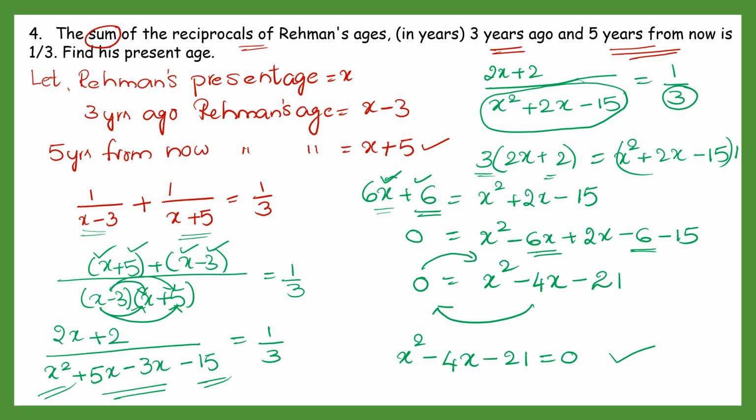This is a quadratic equation, so we will get 2 roots. Then you will find x. They are asking to find the present age of Rehman. The present age is x, so we need to find the value of x. x square minus 4x minus 21 is equal to 0.